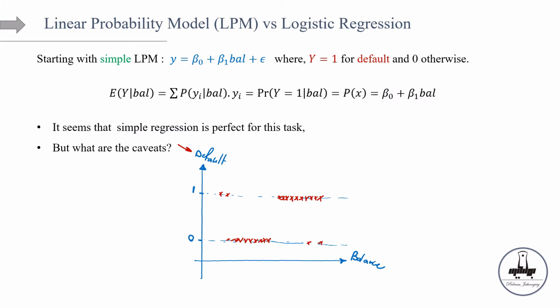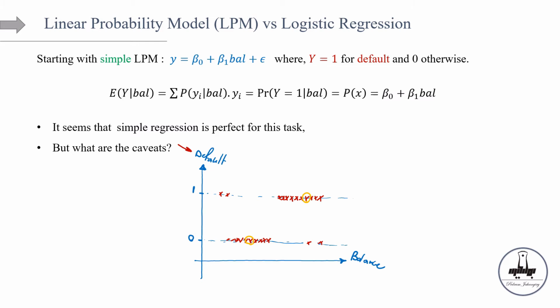Okay. And if you stare at this data set, you want to come up with a model, and that model should give you, for example, what is the probability that this guy is going to default? What is the probability that this guy is going to default, right? So if you stare at this very simple plot, you might say that, okay, let's go ahead and use a simple regression model. Why not, right?